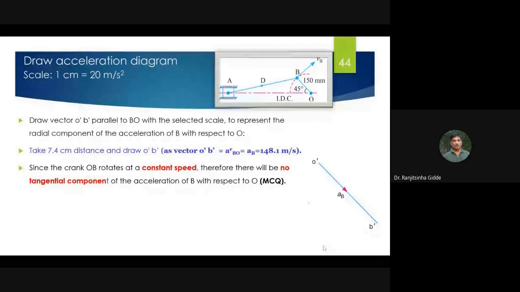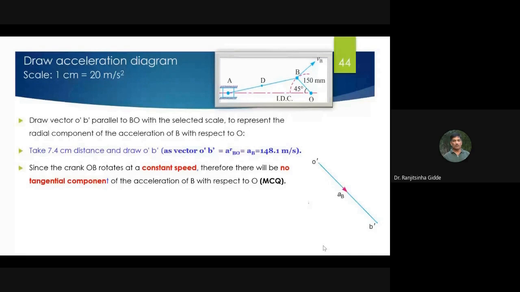In other words, in case of constant crank speed, there will be only radial component, and options will be A, it is true, option B, it is wrong, option C, A and B, and option D, none of these.